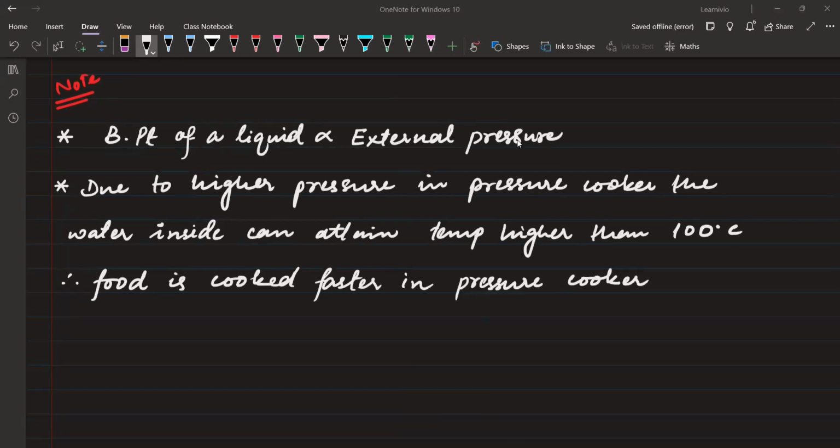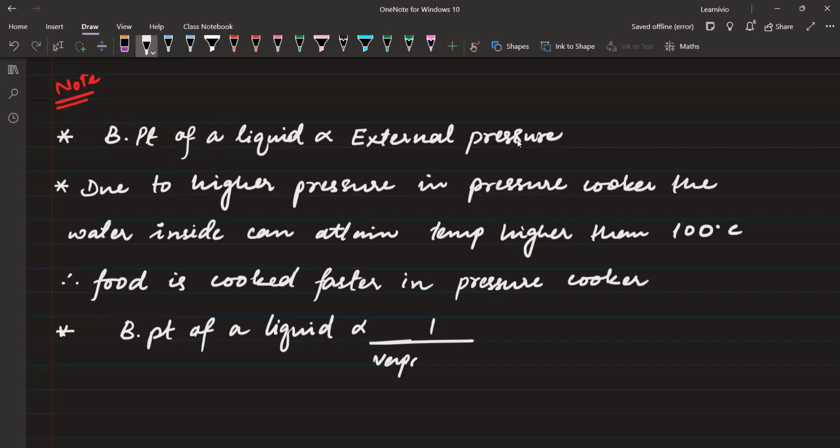Next point that you will write is the boiling point of a solvent or a liquid is inversely proportional to its vapor pressure. Now, please understand this point.